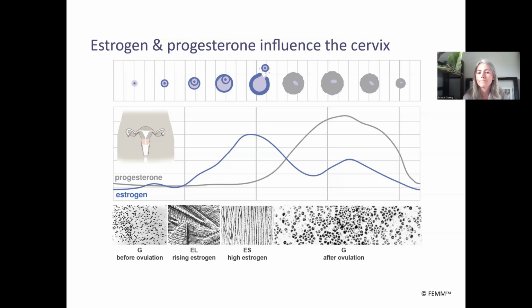And then this is really your body doing its job to protect you from sexually transmitted infections. And because this is present after ovulation, what if that egg was fertilized? Well, you don't want an infection in this part of your body that is now prepared to house a developing life.